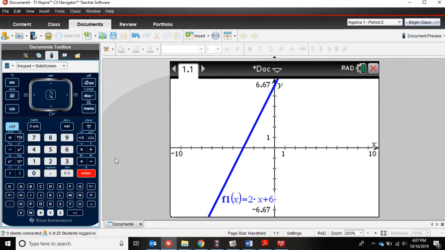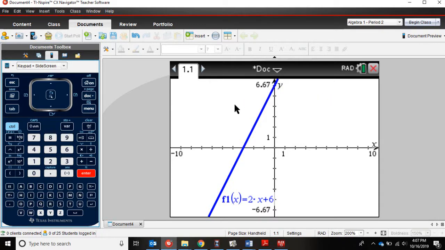And if I look at this graph, I can count, or I can see easily the x and y intercepts. So remember, the x-intercept crosses the x-axis. So that's right here. And the y-intercept crosses the y-axis up here.